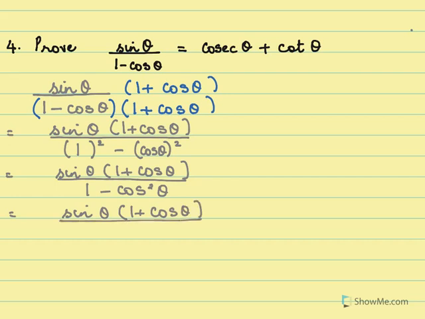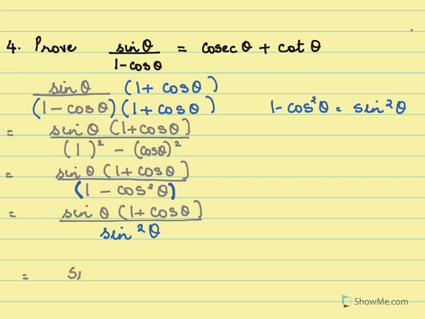Now if you look up very carefully at the denominator, it looks something that you have learned. 1 minus cos square theta. Do you recollect what is 1 minus cos square theta? It is sine square theta. So here I'm going to write sine square theta.